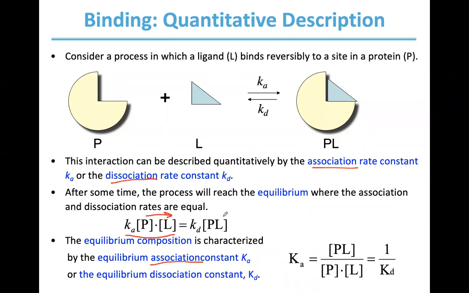And the reverse reaction is the dissociation rate constant times the concentration of the protein with the bound ligand.